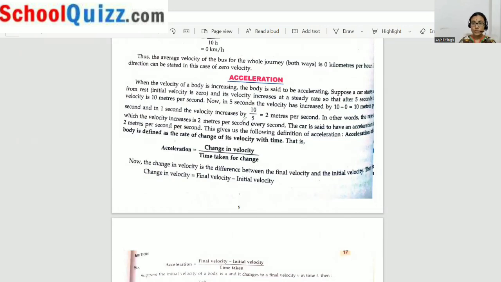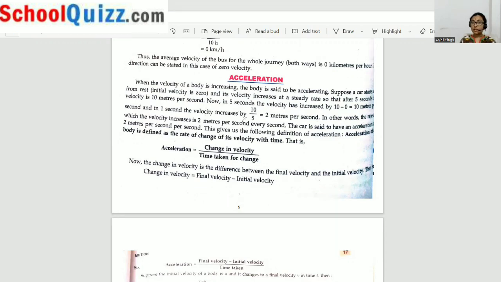As I told you, velocity is the rate of change of displacement, which means change of displacement with respect to the time taken. That will tell you about the velocity. Or you can say distance in a particular direction, that is also the velocity.